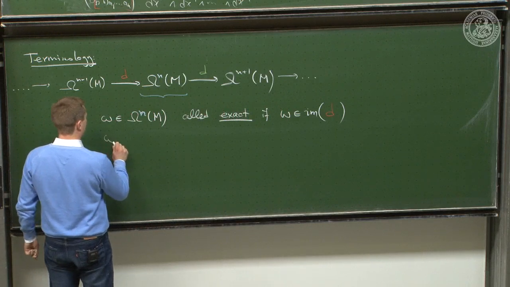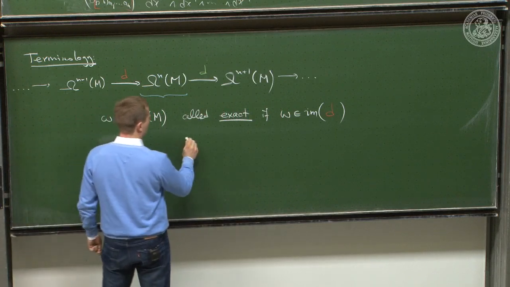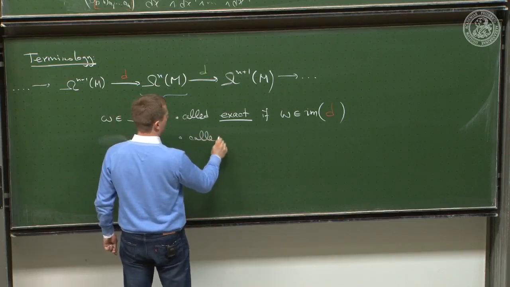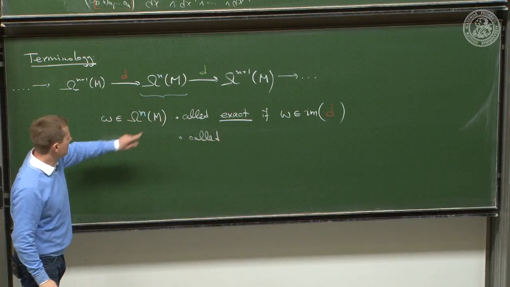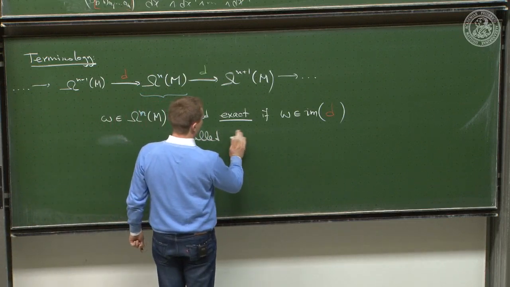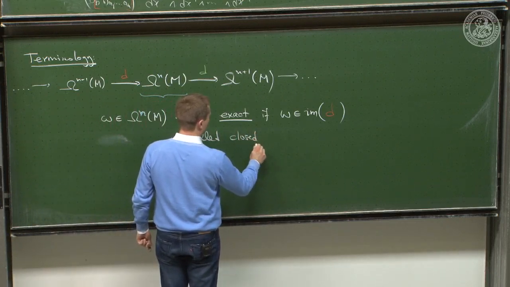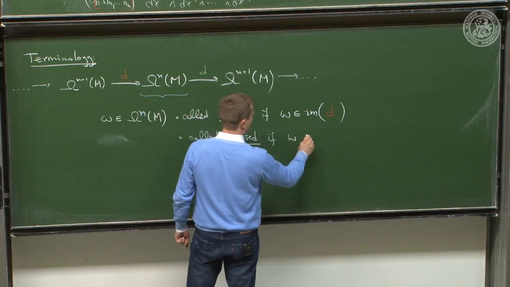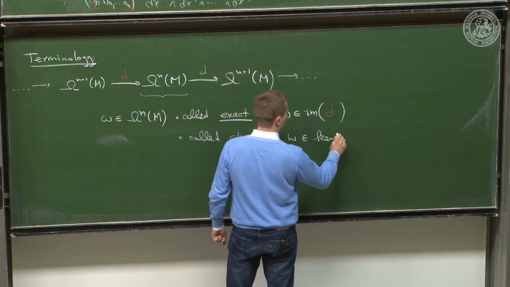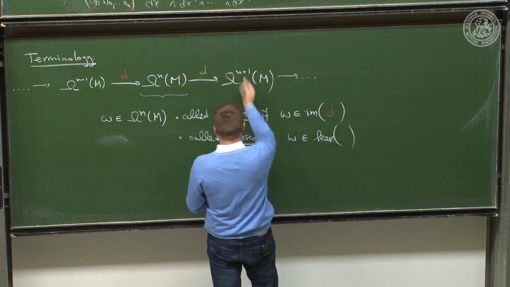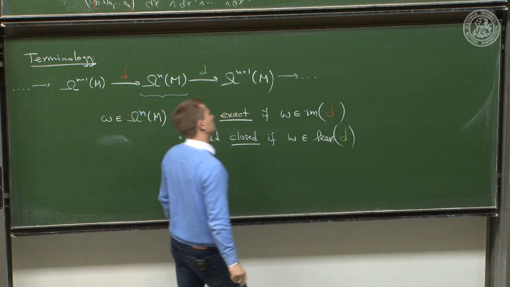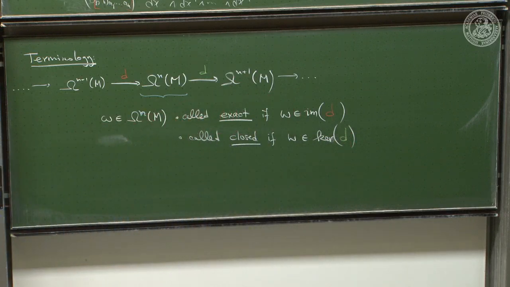And an omega in the n forms is called closed if it lies in the kernel, not of the same D, but of the next D. Okay, so a general form will be neither exact nor closed, but those that lie in the image are called the exact forms, and those that lie in the kernel are called the closed forms.